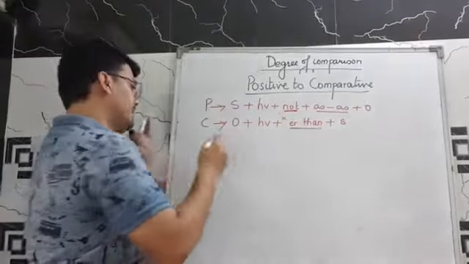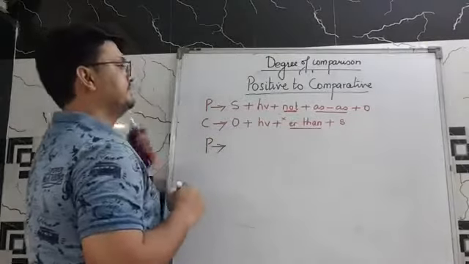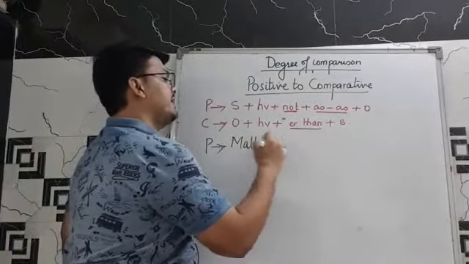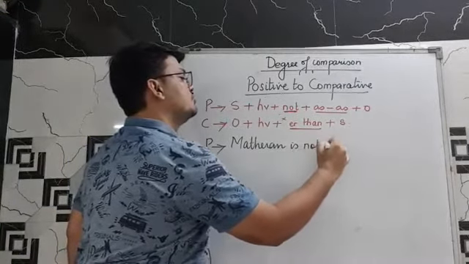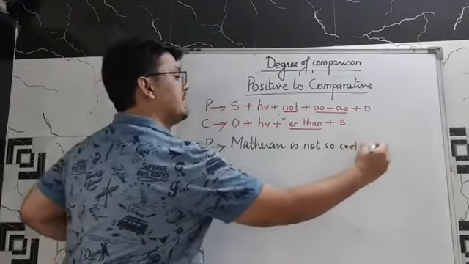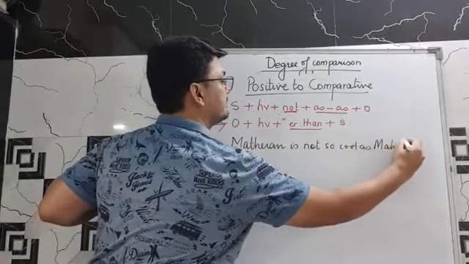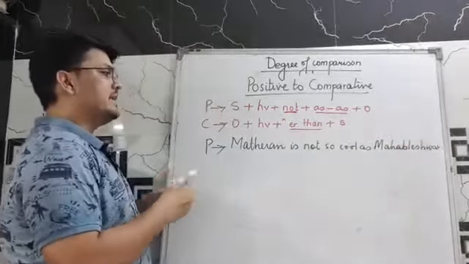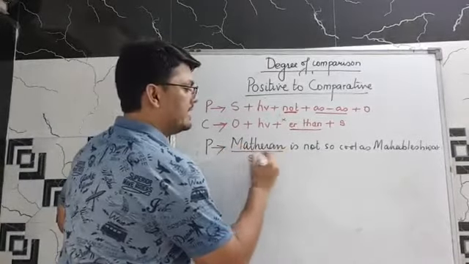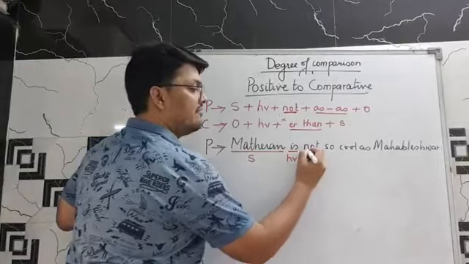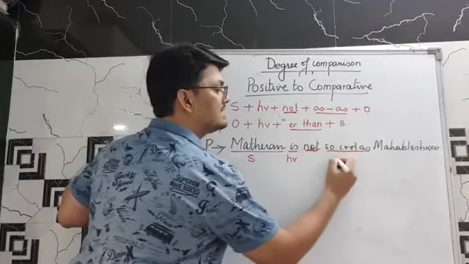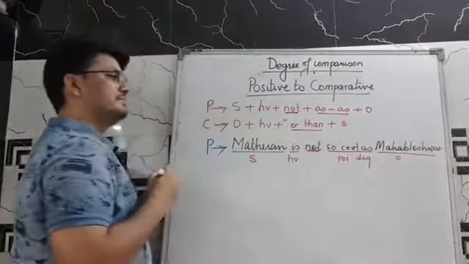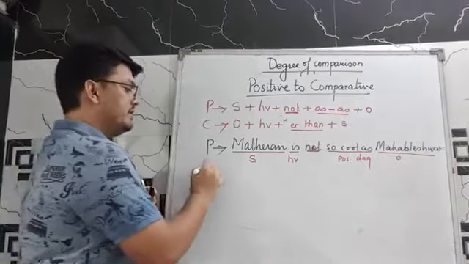So now let's take an example. Positive degree: Matheran is not so cool as Mahabaleshwar. Here you can see Matheran is the subject, is is the helping verb. We have seen not over here. So cool as is the positive degree, and Mahabaleshwar is the object. The rule will be the same, student.